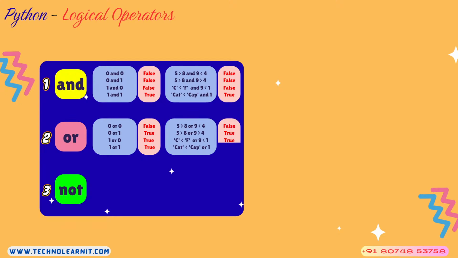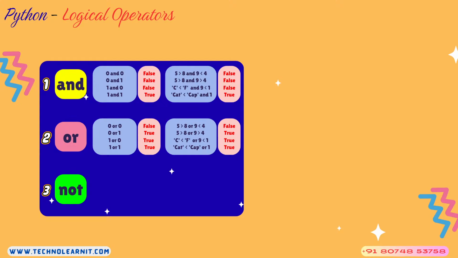So the result would be false. In the second example, 5 greater than 8 is false, and the second part of the condition, 9 greater than 4, is true, which means false or true, which results in true.